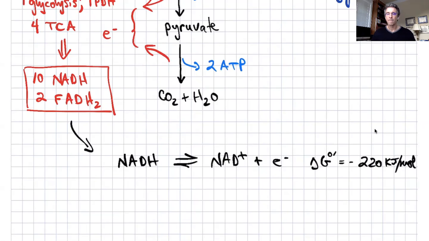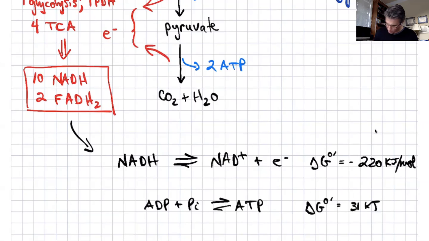Well, you remember that the synthesis free energy, ADP plus Pi to ATP, is going to cost somewhere in the range of about 31 kilojoules per mole standard state. If you just do the division there, that's a lot of ATP. That 220 kilojoules per mole of NADH is worth the ability to make a serious amount of ATP, and we've got a whole bunch of that NADH to work with.